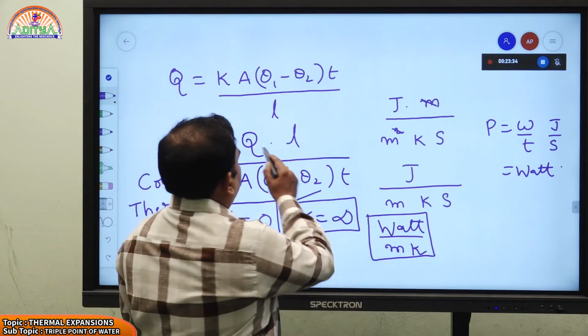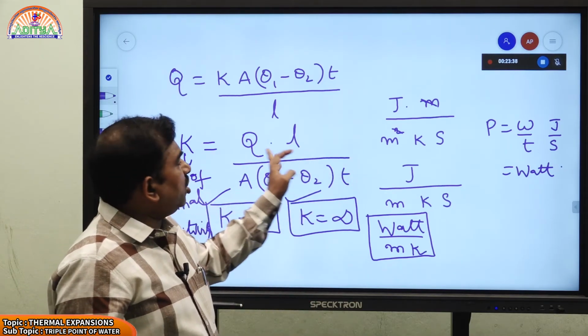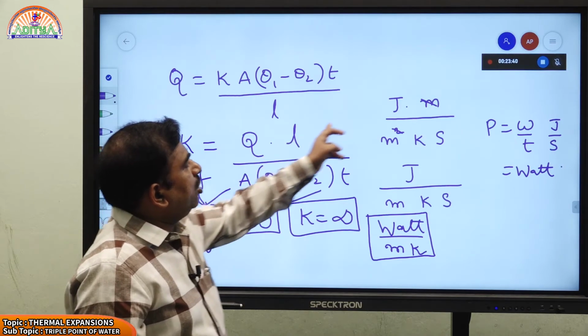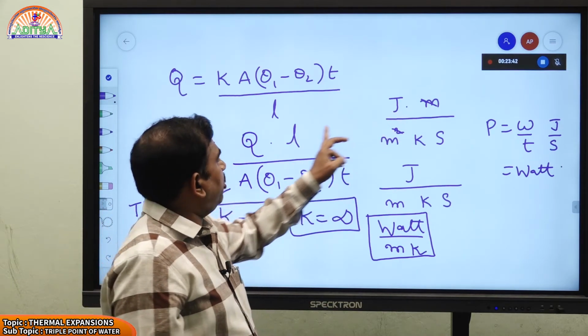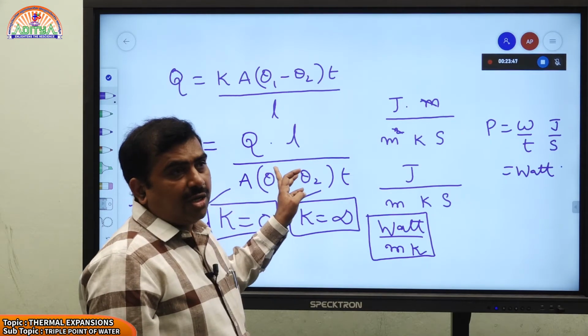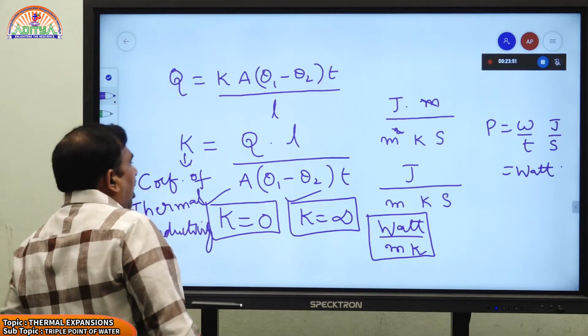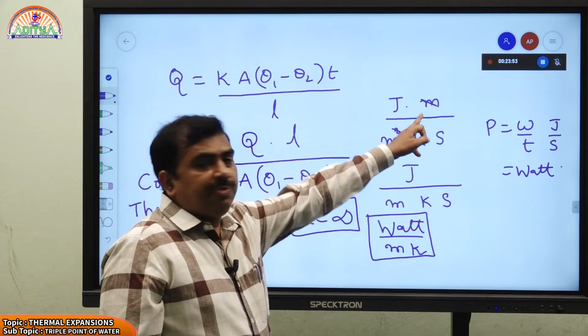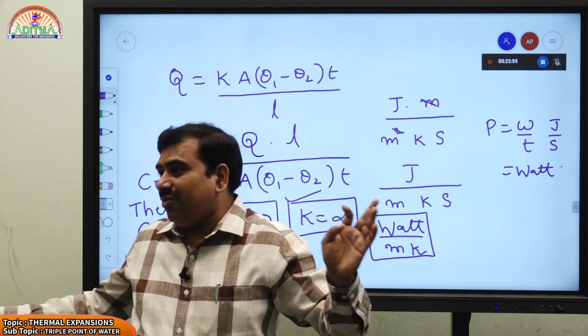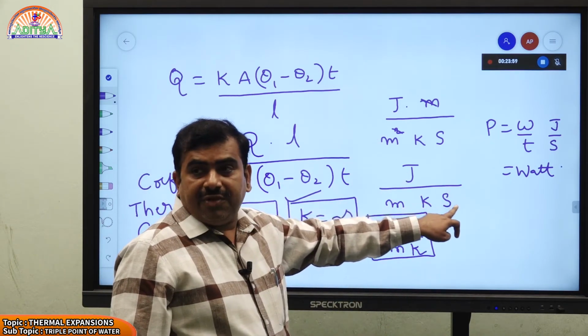Now, its unit. To derive the unit, I have taken the units of each parameter. For heat, joule is the unit in SI system. For length, meter. For area of cross section, it is meter square. Then this meter will cancel by one time. So, joule divided by meter Kelvin second.